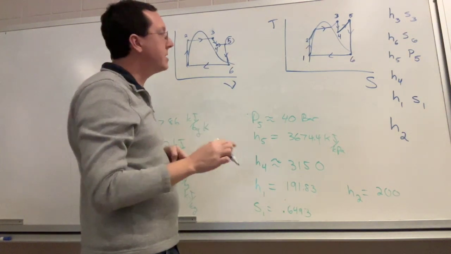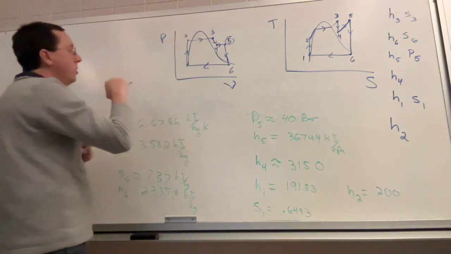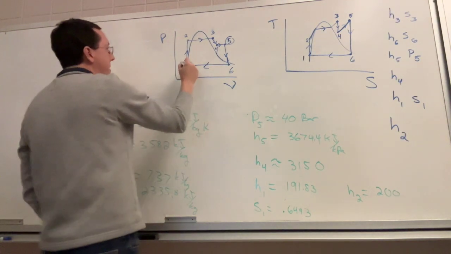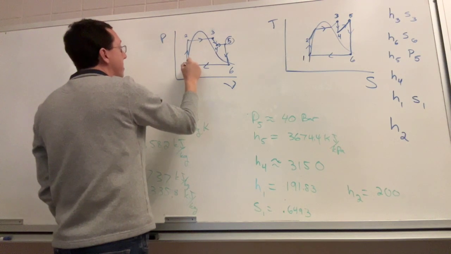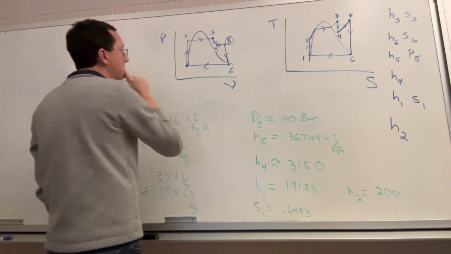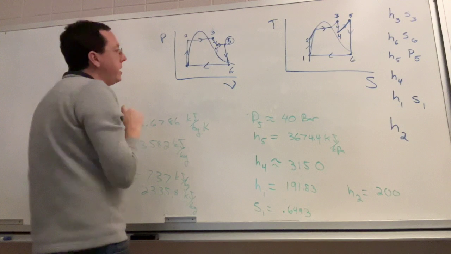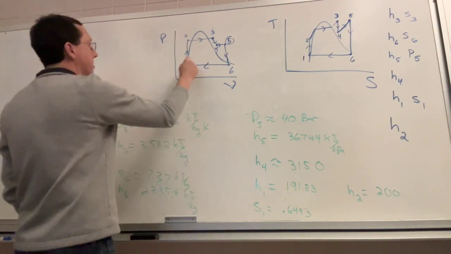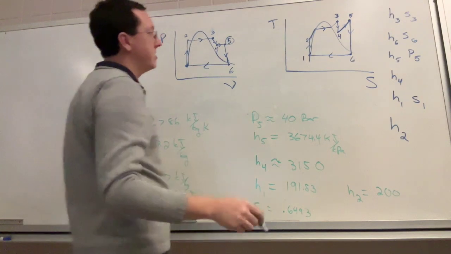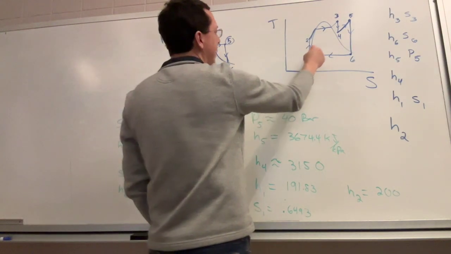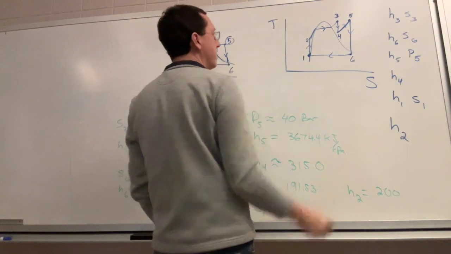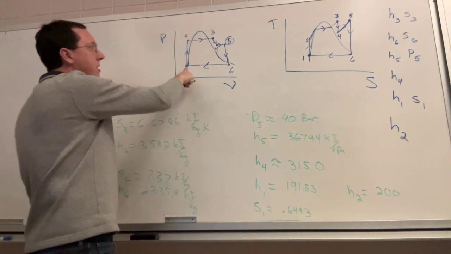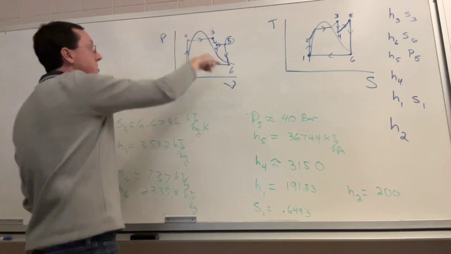And then from 6 back to 1, we're going to take it to be saturated liquid. What you really could do is, well, we're just going to take it to be saturated liquid. That's what the example in the book did. And so even though they didn't spell it out in their assumptions, that's what we're going to assume. So we're going to take state 1 to be saturated liquid, so it's all the way on the left hand of the saturation curve.